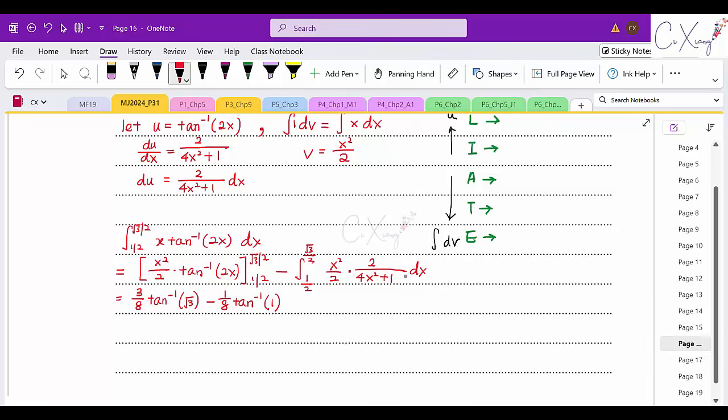Then for the second term, I need to continue with the integration. I can simplify the 2 and the 2. So from here, I get negative integration from 1 over 2 to 3 over 2 of x squared over 4x squared plus 1.